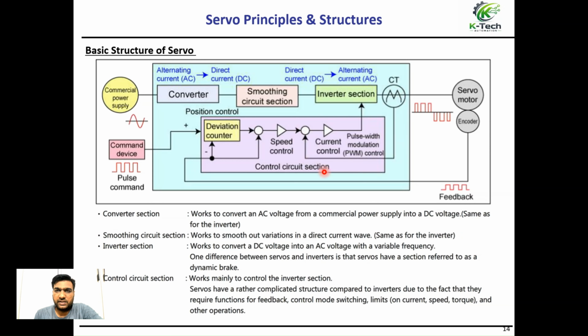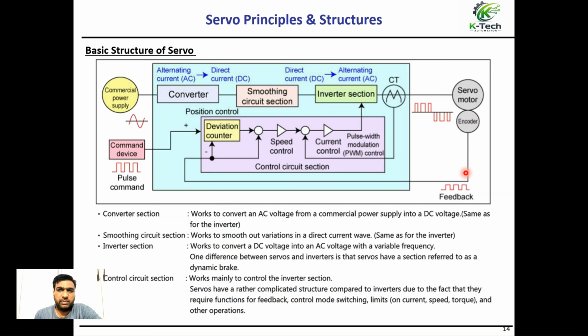And then the servo motor. The encoder gives the feedback pulse. The encoder provides two main things: one is the speed, and the second is the position. So torque control is via the CT, and position and speed control is via the encoder feedback.